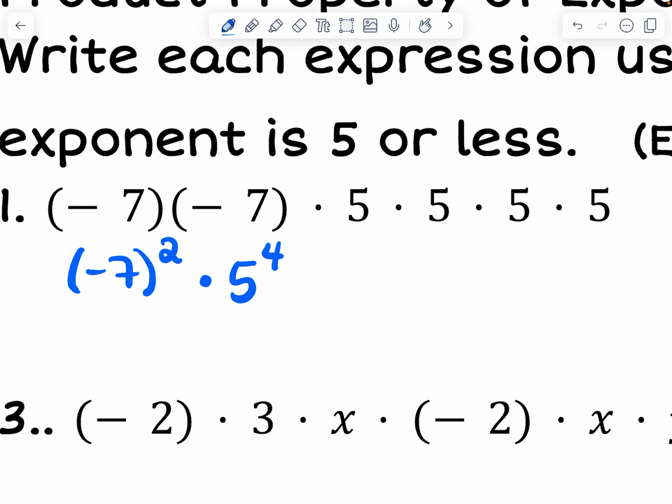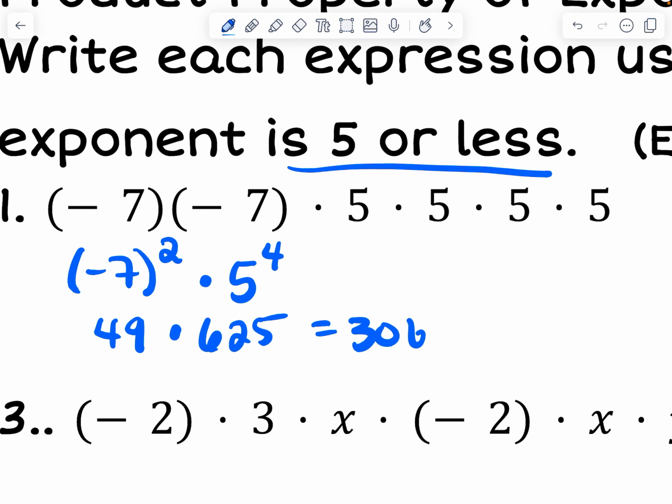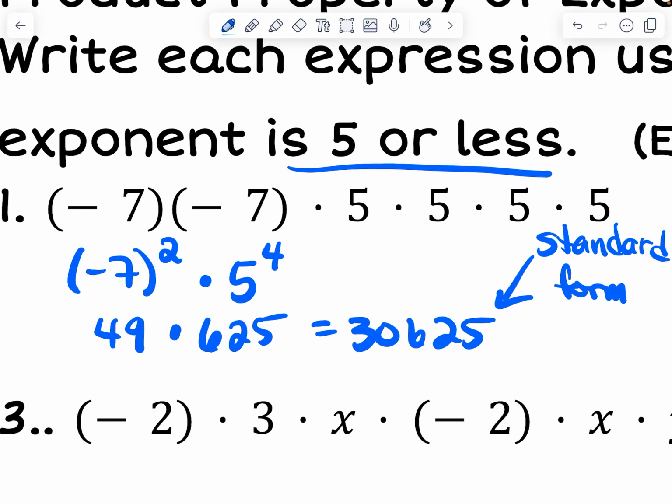Now, it says to multiply it out if the exponent is 5 or less. So this would be 49. This would be 625. 49 times 625 would get me 30,625. Now this right here is what is called standard form. When you multiply it out, that's standard form.